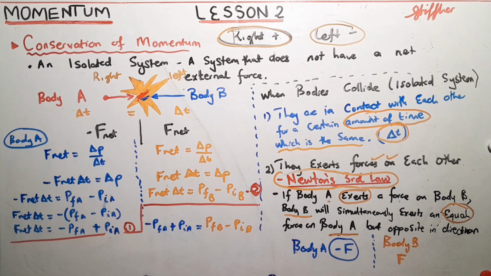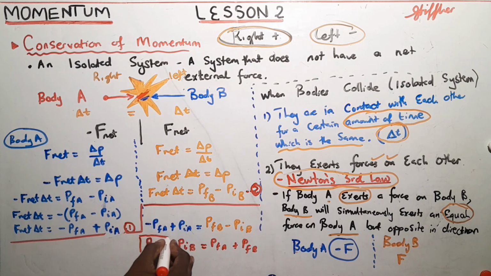Now we can rearrange this formula so that the positives are on one side and the negatives on the other. So this will be the momentum initial of A plus the momentum initial of B being the same as the momentum final of body A plus momentum final of body B, which was already there.